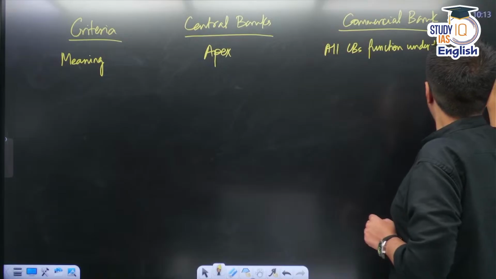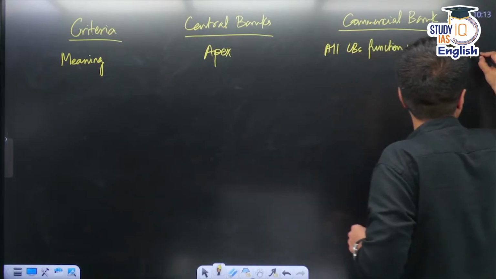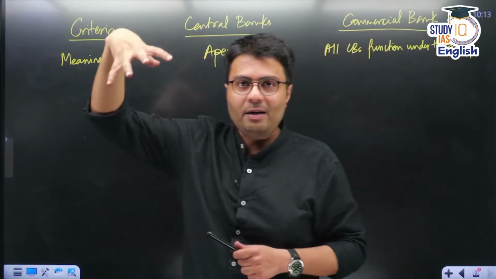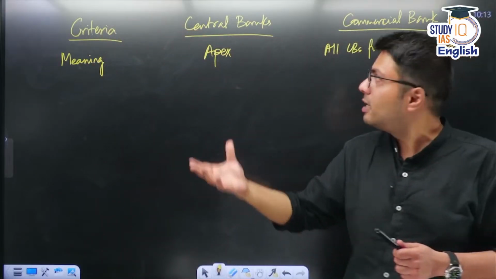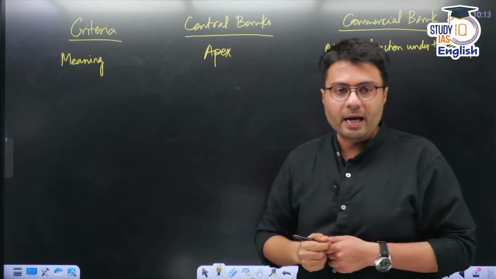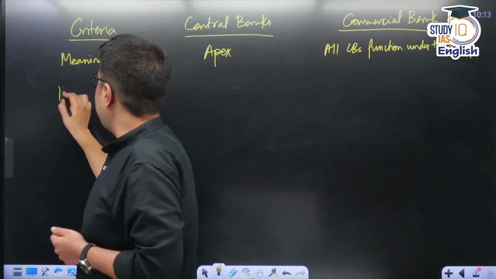So this is the difference between a central bank and a commercial bank. The central bank is at the top, commercial banks are somewhat below, regulated once again by the apex, that is the central bank.